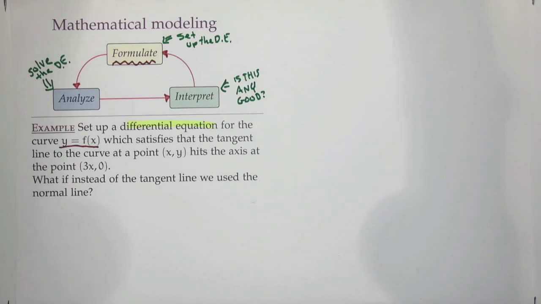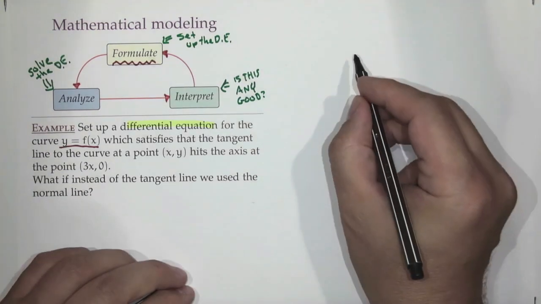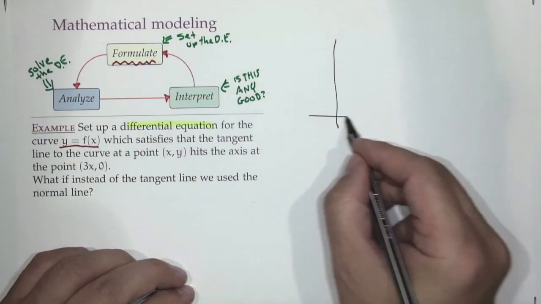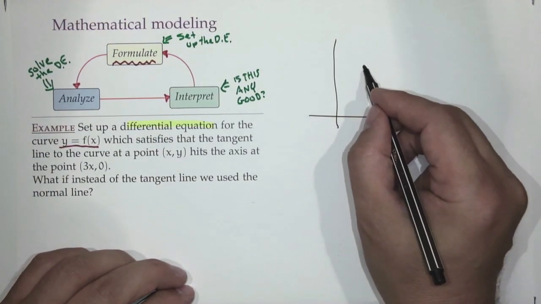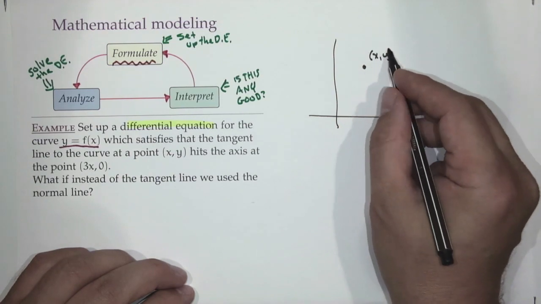But how do we start? Well, what's something that could help us to understand what's going on? Okay, someone has said a graph. I like that idea. Pictures are good. Okay, so here we'll draw a rough picture. Doesn't have to be super precise. Here's the point x comma y.